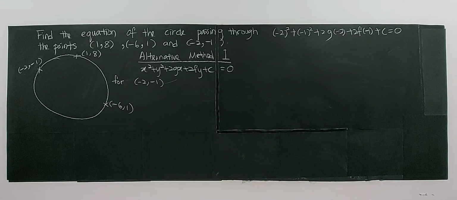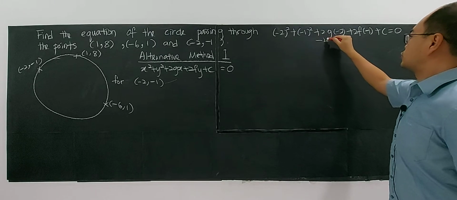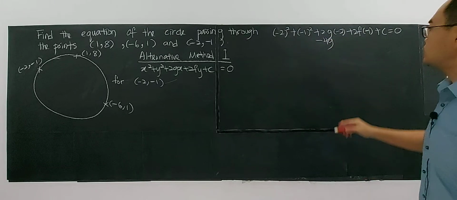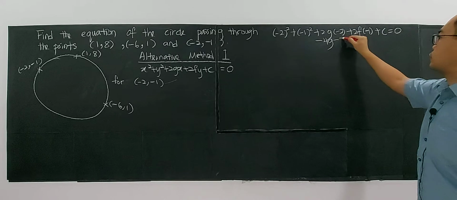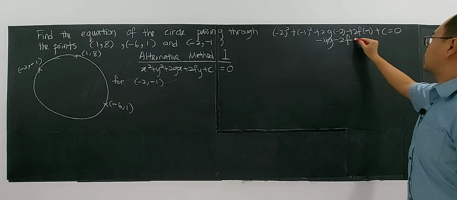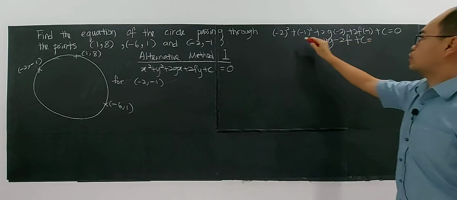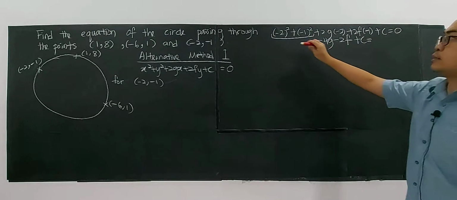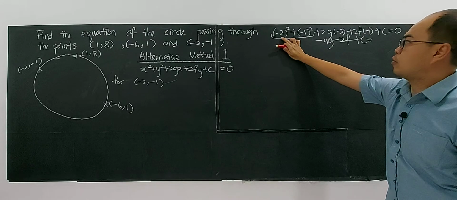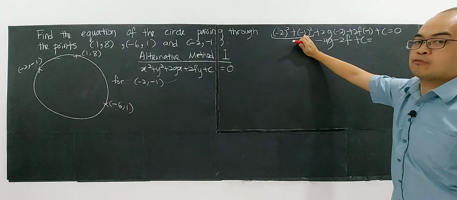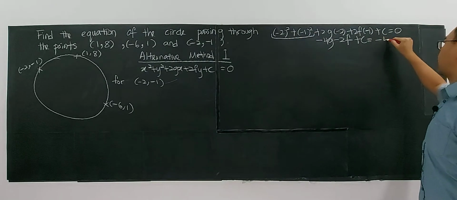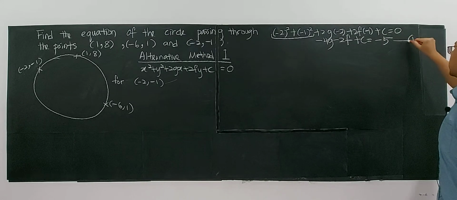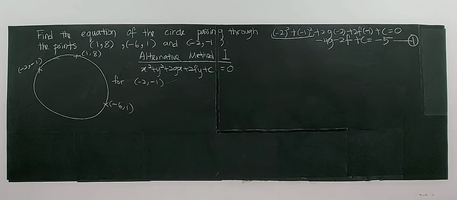We just rearrange this and we get -4g, -2f, plus c, with all the constants moved to the right-hand side. 4 plus 1 is 5, and moving it over gives -5. I put this as equation number 1, which relates g, f, and c.